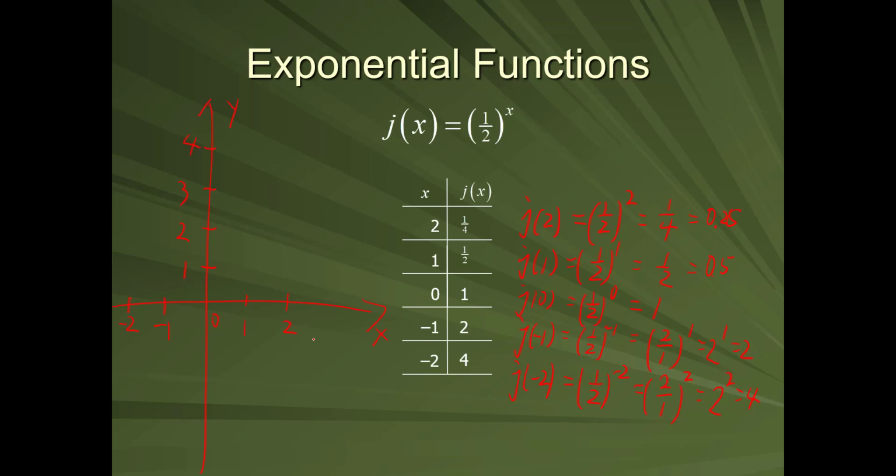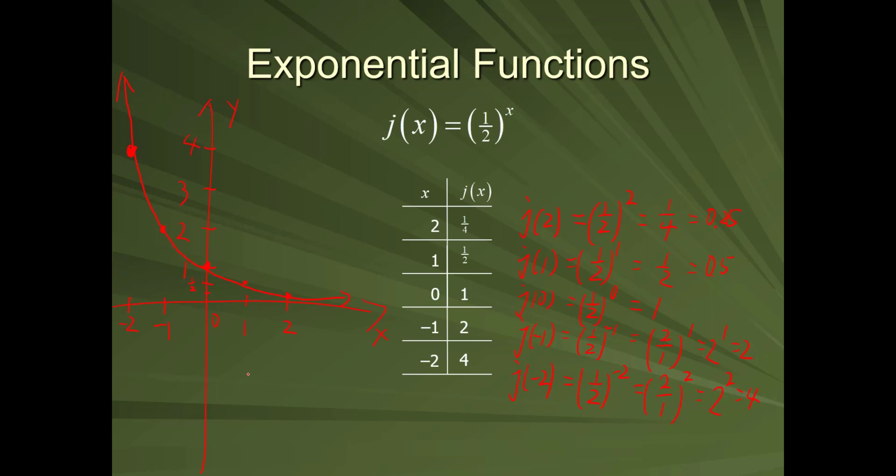So 2 and a quarter, this is half, a quarter is here, so 2 and a quarter goes here, 1 and a half goes here. Then we have 0, 1, negative 1, 2, and negative 2, 4. Again, it's 5 points we are using here. So connect those 5 points, extending in both directions. So we come up with this graph here.